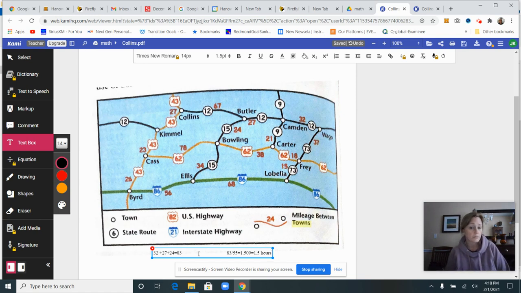Make sure you answer the one ahead of it first and make sure it's correct, because some of your answers are going to depend on the question before. Okay? So if you have any questions, give me a shout with trying to figure out how to use this map. Okay?